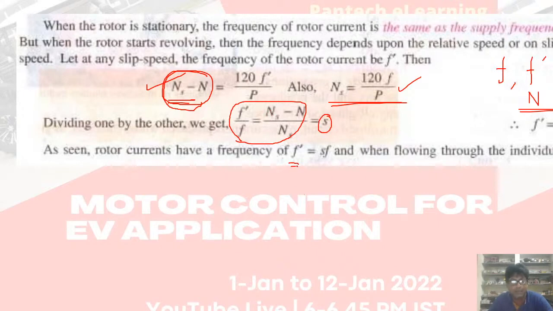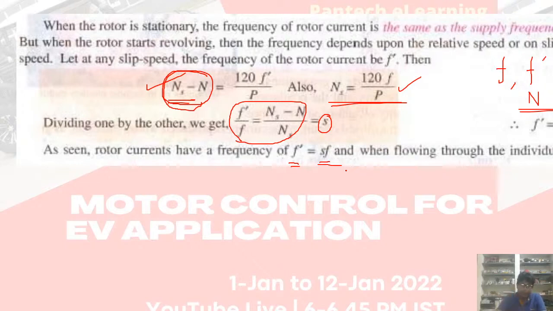So my rotor frequency is basically slip times the stator power frequency. Very simple. So why is it required? Because in the equivalent circuit we have seen there is some reactance, because it is inductive.